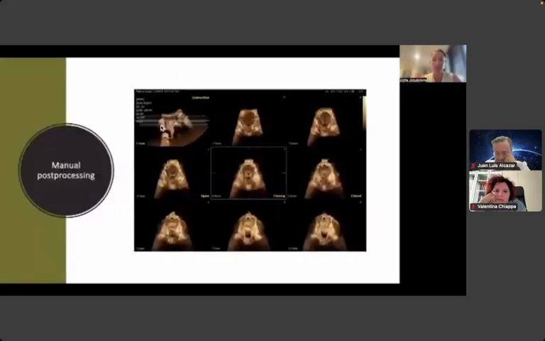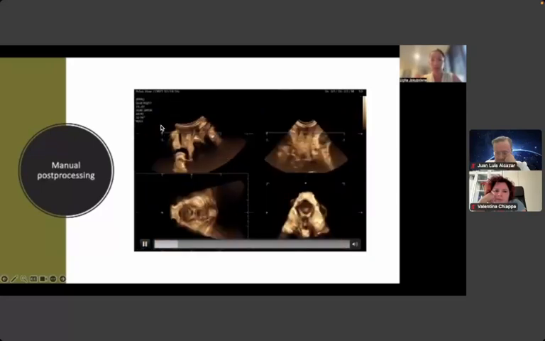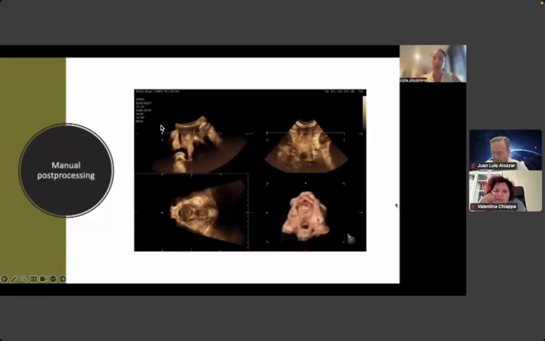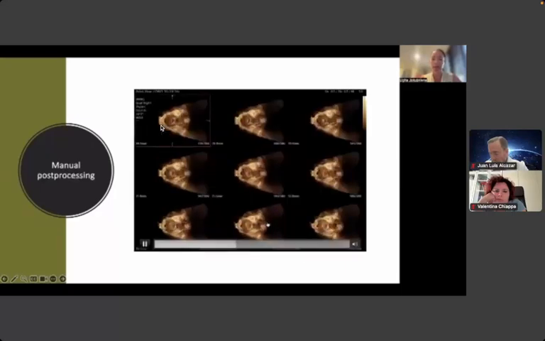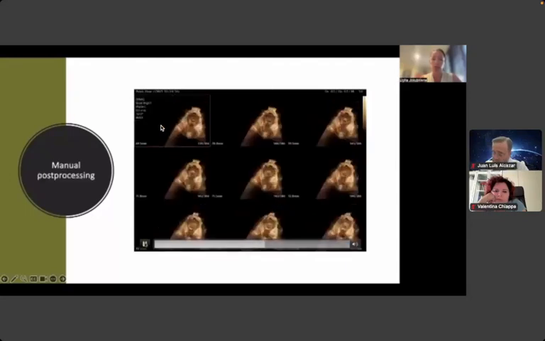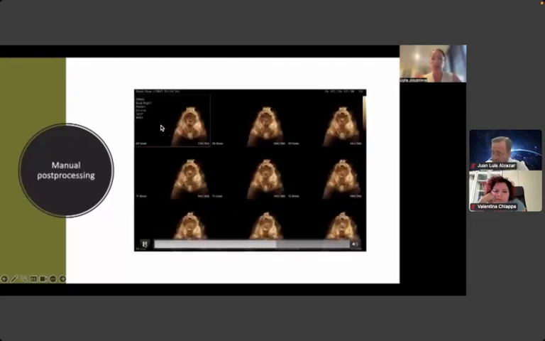So again, I'm going to show you how it can be done with manual post-processing, using multi-slice view. Here we need again to adjust the line manually and activate the multi-slice view. Thereafter, we need to rotate the image again manually by 90 degrees in order to obtain the coronal view, and do some small adjustments by rotating the image and selecting the appropriate level.